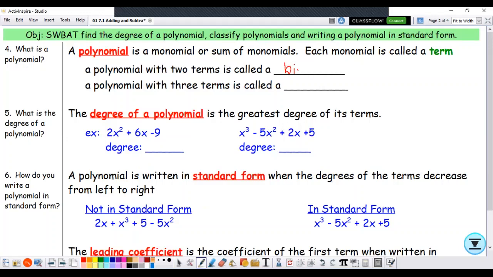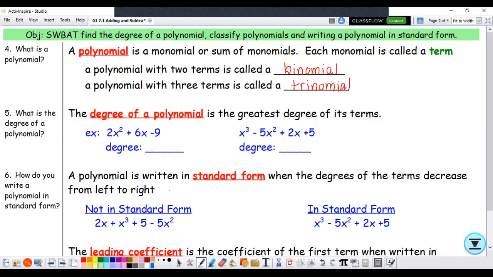So a binomial has 2 terms. A polynomial with 3 terms, the prefix that goes with 3 is tri, so a trinomial is a polynomial with 3 terms.